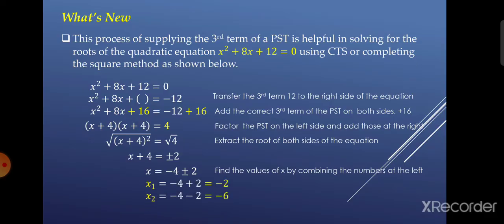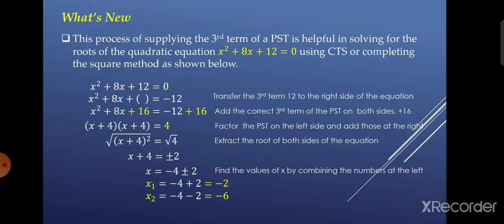So x sub 1 should be equal to negative 4 using plus, then 2. Negative 4 plus 2 is equal to negative 2, ang first value of x. The second value of x, or the second root, is negative 4 using minus 2. Since puro siya negative, the answer would be negative 6. So our roots are negative 2 and negative 6.